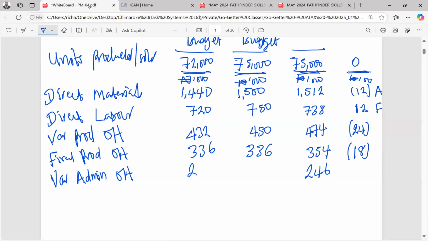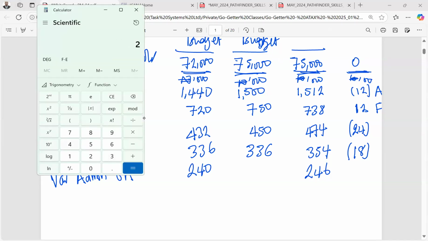Now remember, we are dealing with variable production costs, so we will not do it as we have been doing before. We will say 240,000 was done for 72,000.